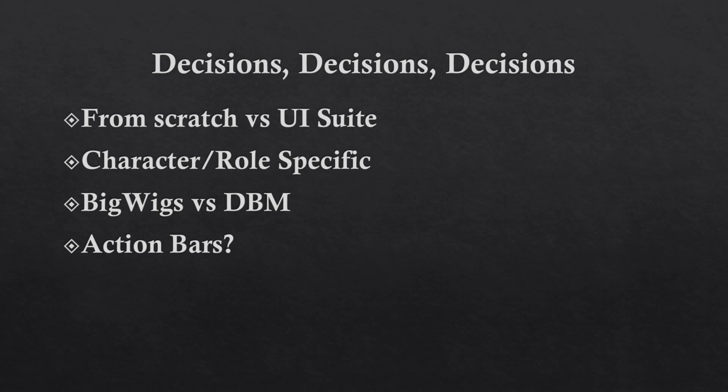They're also good with the next point, which is you have to decide whether you want your UI to be specifically set up for this character, for this role, or just in general. I've always been a big proponent of keeping things as uniform as possible between any characters and roles that you're playing. So for example, I don't play a lot of other alts, but when I did and when I do, their UIs are all set up very similar to my monk's.